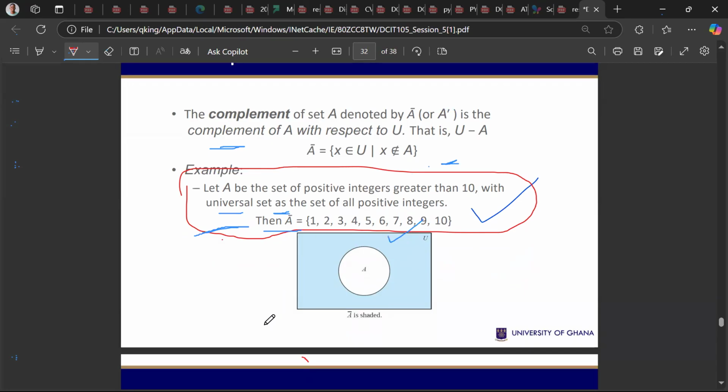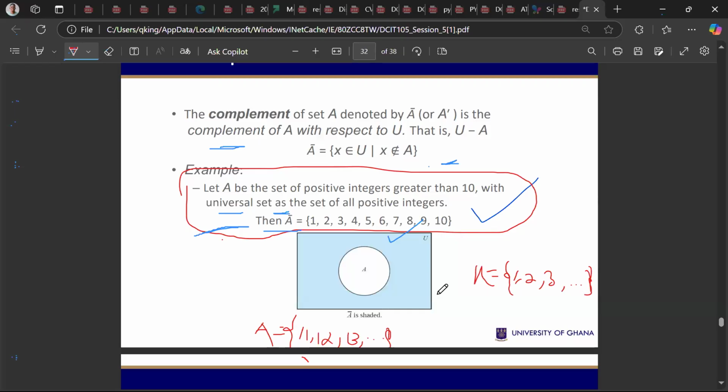And so A becomes a set of positive integers greater than 10. So we'll begin with 11, 12, 13, and the likes, and then continuing. And then our universal set in this case contains 1, 2, 3, till infinity and all that.